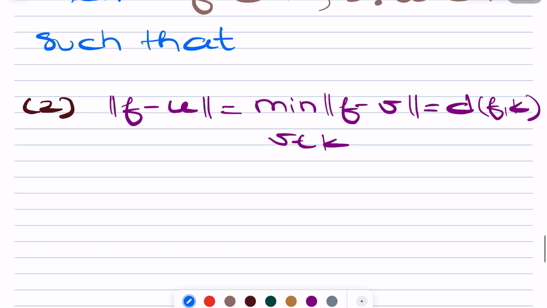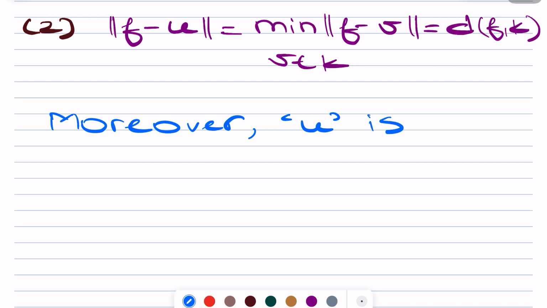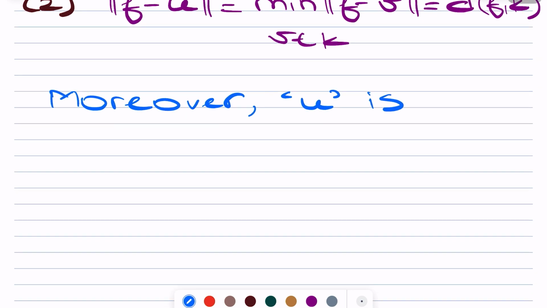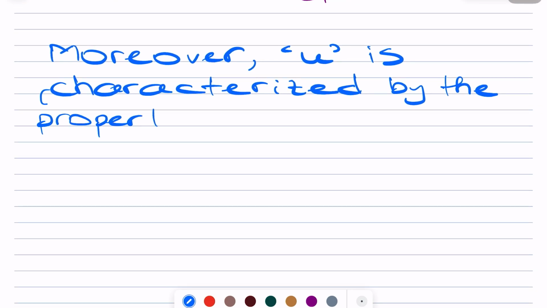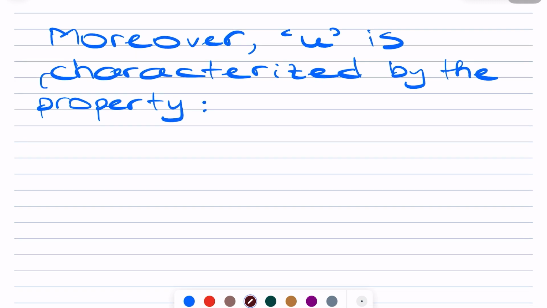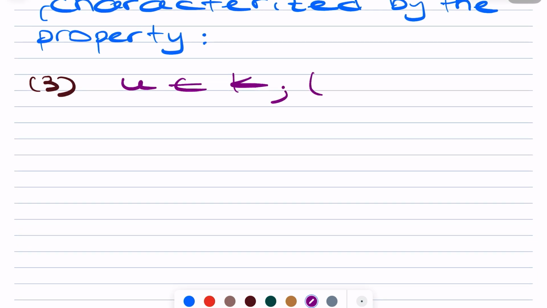So moreover, we can even characterize the argmin. u is characterized by the property, and we call it 3: u is in K, of course, and the scalar product of f minus u, v minus u is less or equal than 0.